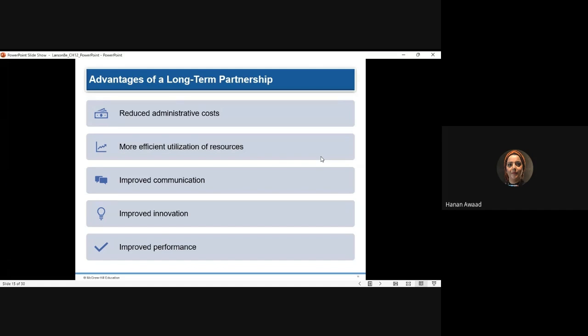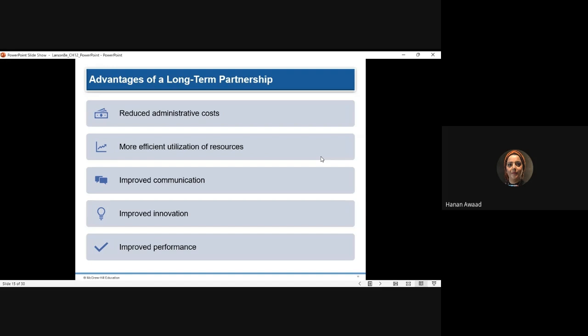So thinking or approaching this with the mentality of creating a partnership, a long-term partnership, will lead to a much smoother relationship. So this might reduce some of the costs and some of the overheads. Of course, more efficient utilization of the resources.